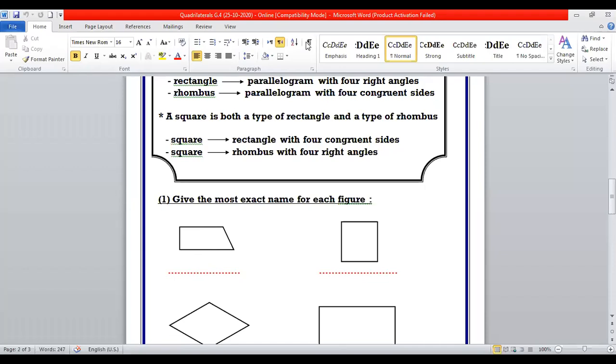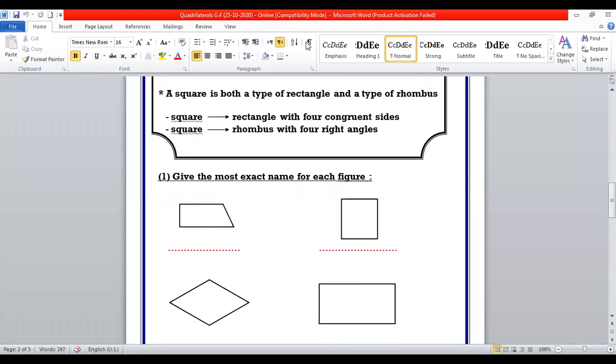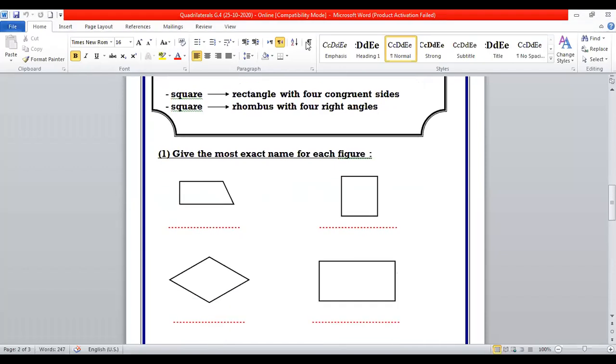The first quadrilateral. Choose one to answer. Yes, Farida Sharawi. Farida. Yes, good morning. What is the name of this quadrilateral?